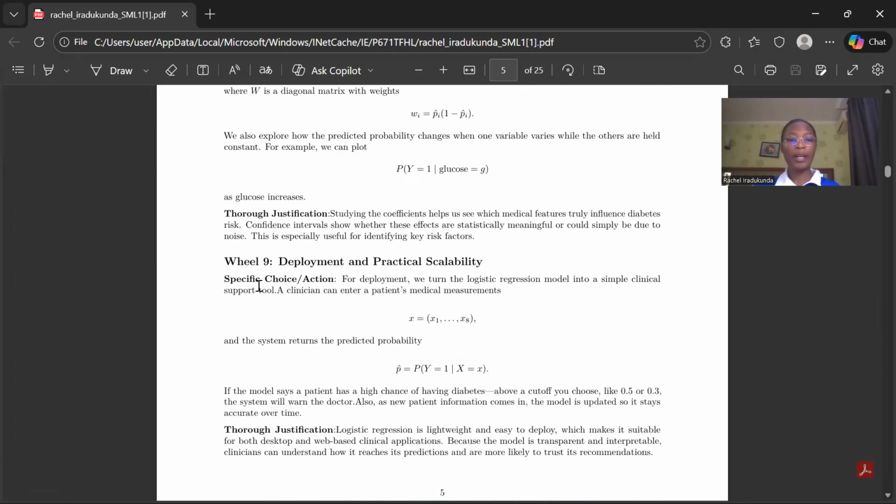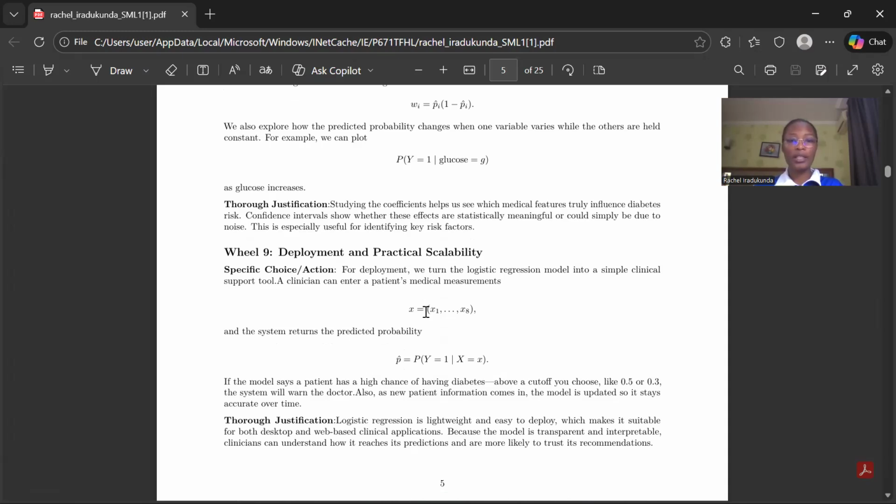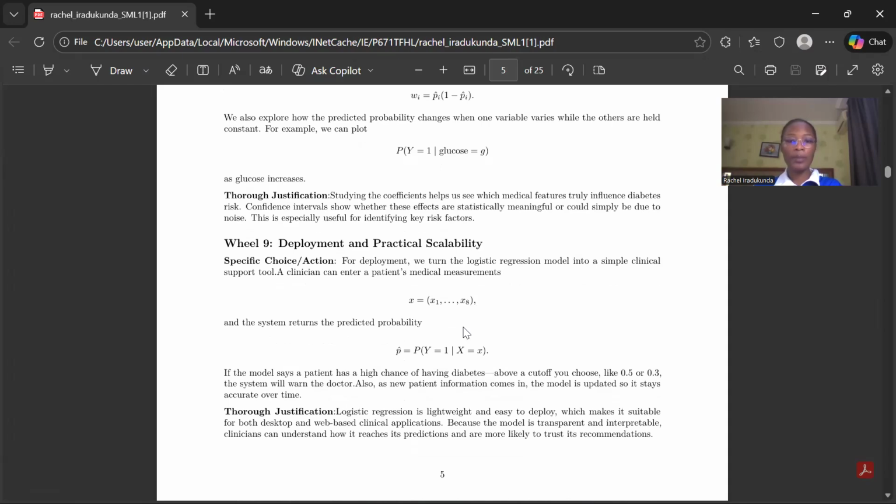At number 9, this is where we develop the practical side and show how the model is used in practice. As I said, we have 8 variables. This is the probability of getting diabetes and also the probability of not getting diabetes.